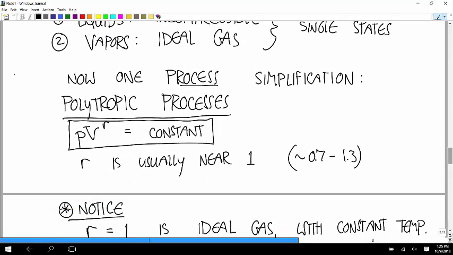So normally in a process, you don't have a constant temperature. Like imagine you have an ideal gas in a piston cylinder system and you compress it, the ideal gas law applies. It might be a polytropic process, but compressing the ideal gas is going to increase the temperature.